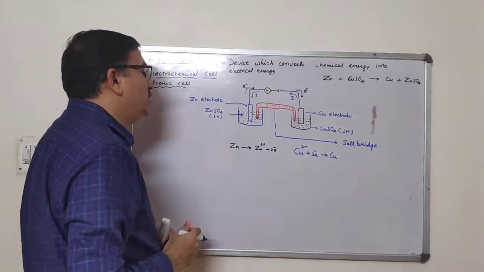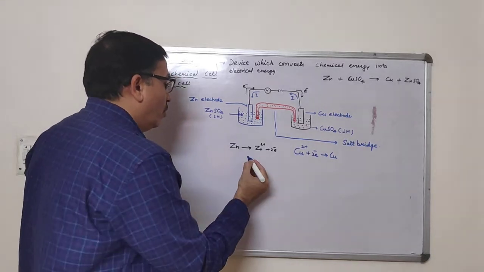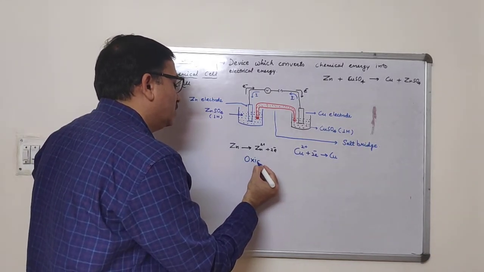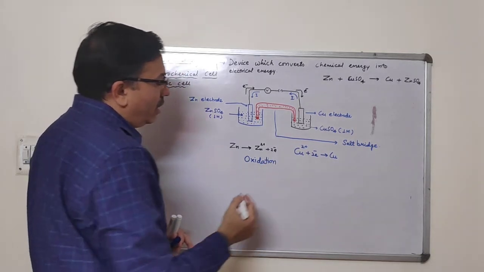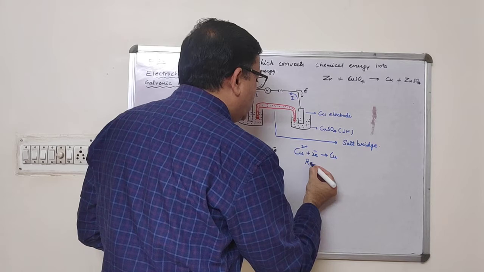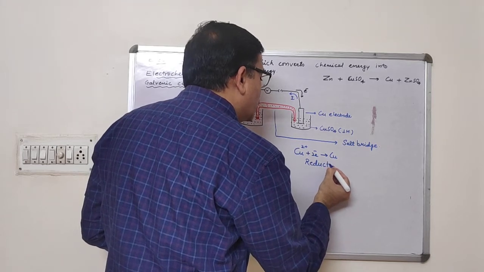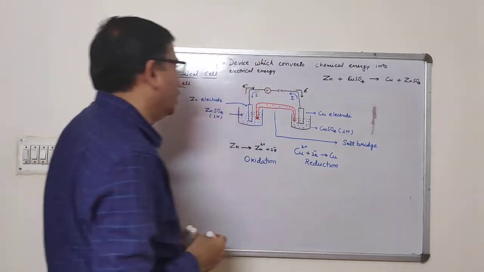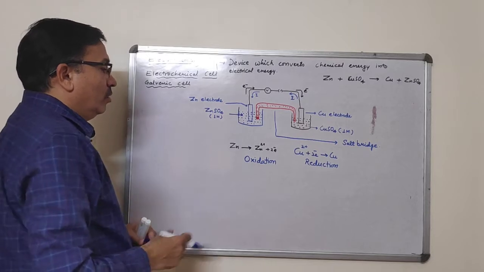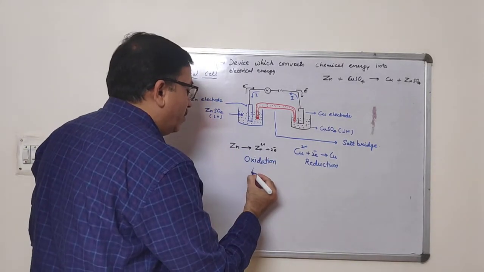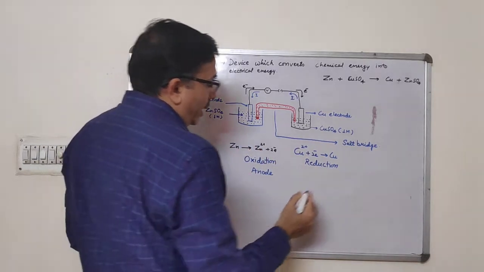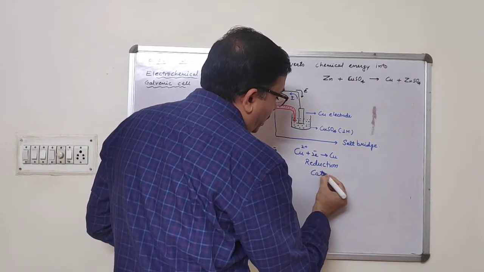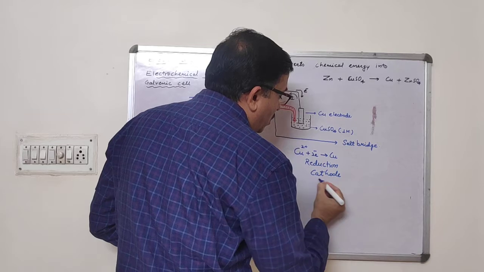At the zinc electrode, oxidation is taking place, and at the copper electrode, reduction is taking place. Where oxidation takes place is called the anode, and where reduction takes place is called the cathode.